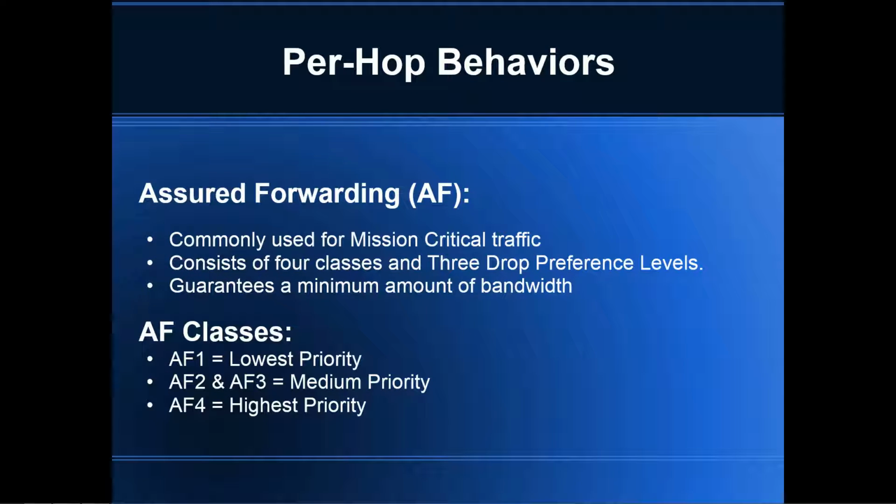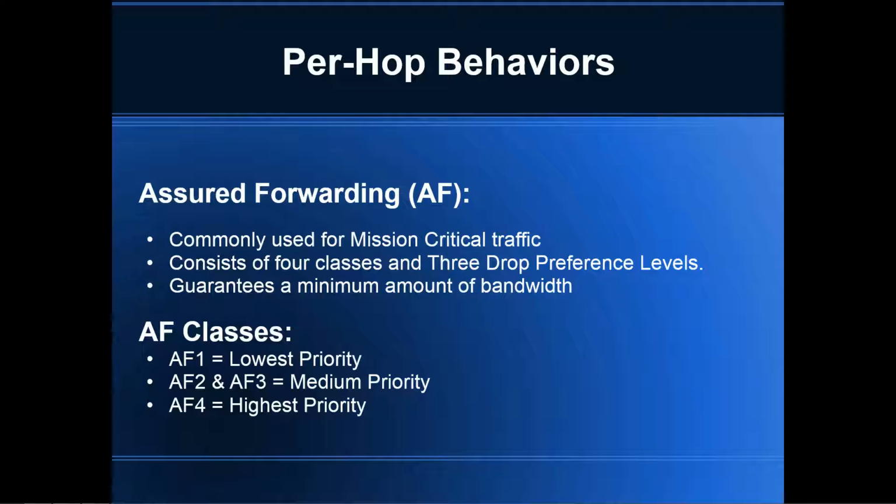Assured forwarding, again, this is going to be for our high mission-critical traffic, and that just allows us to set priorities. Again, all of this is different variations of priority-based in next-generation and current-generation networks. Again, how are we going to flag these? Are we going to flag it highest? Are we going to flag it medium?